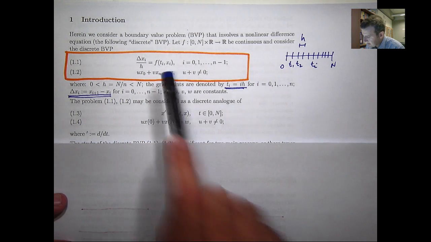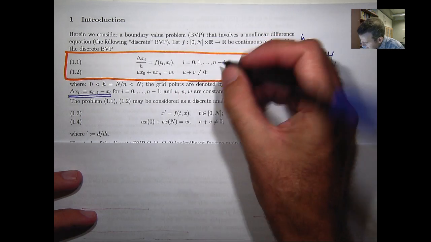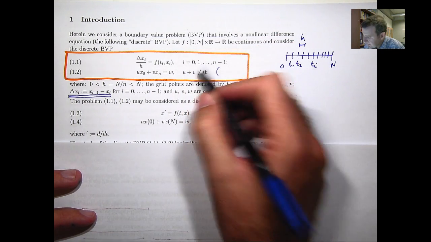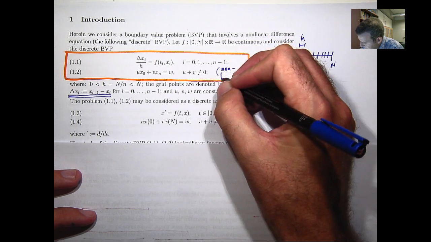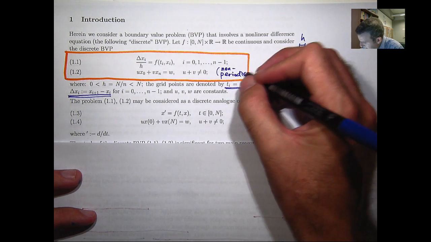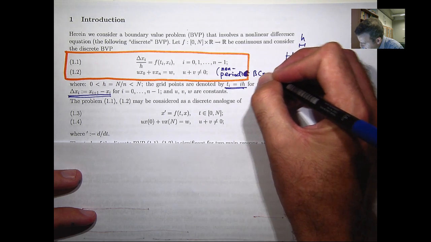So here u, v and w are just constants, and you can see over here we make the assumption, or make the condition, that u plus v is non-zero. So these types of conditions are known as non-periodic boundary conditions.